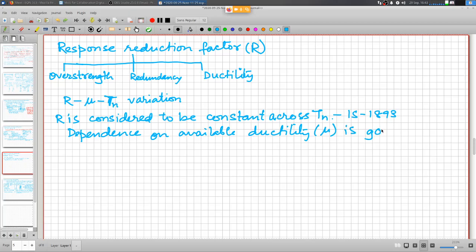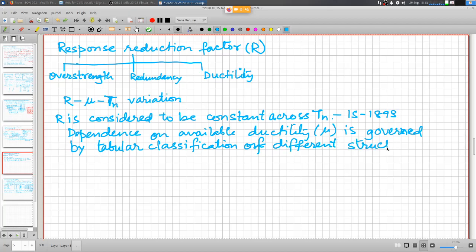is governed by a tabular classification of different structural types.